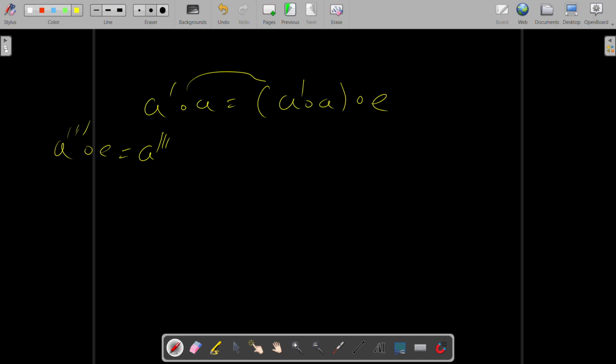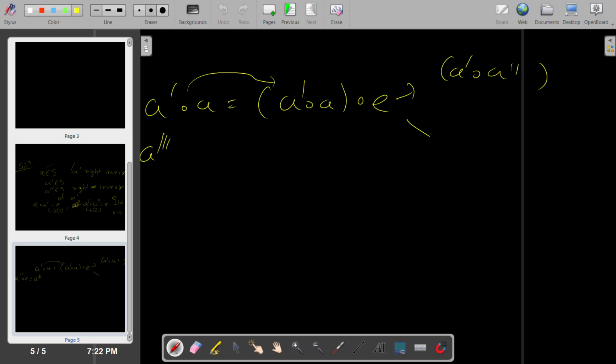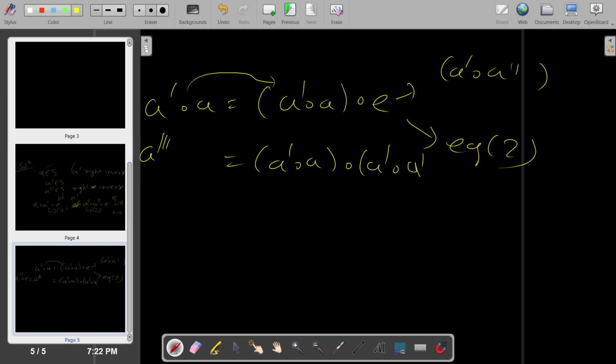We can write E as A dash compose A double dash. Say this is equation 2, and this is equation 1. So from equation 2 we can write this as A dash compose A compose A dash compose A double dash.